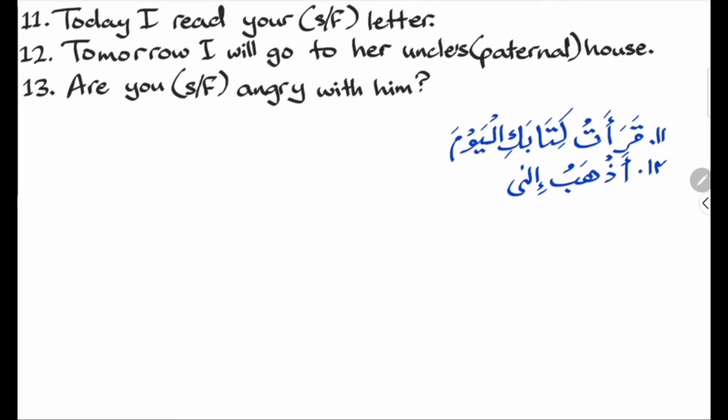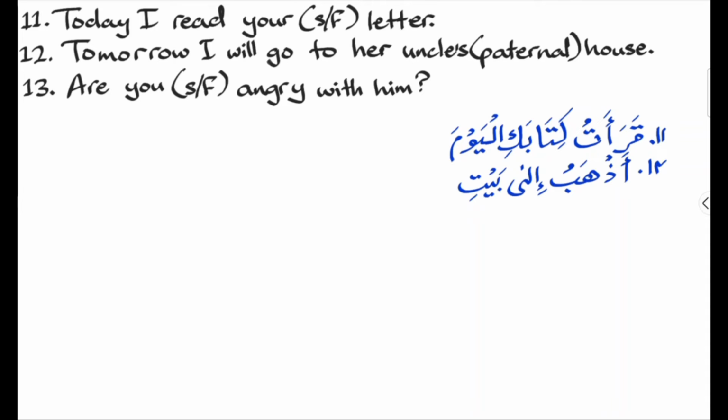her paternal uncle's house. Now that's mudaf, mudaf, mudaf ilayh. First comes the last mudaf, which is bayt. إلى بيت. When you have a lot of possessive phrases or many mudafs and mudaf ilayh, always start from the last.